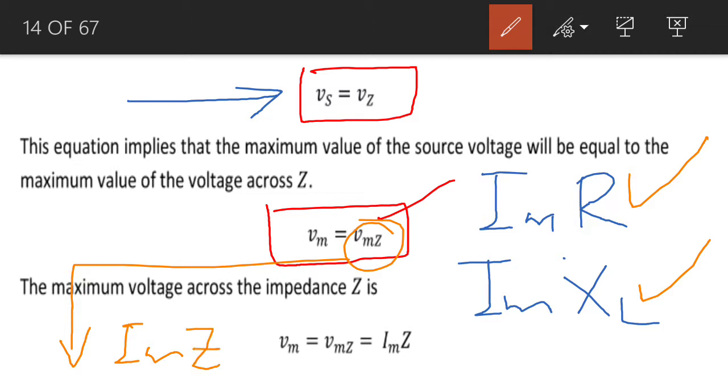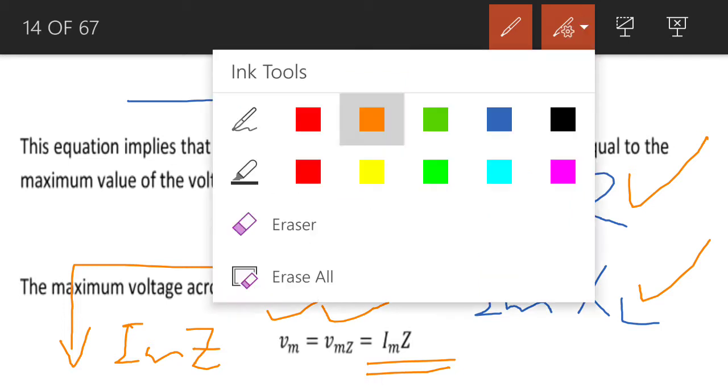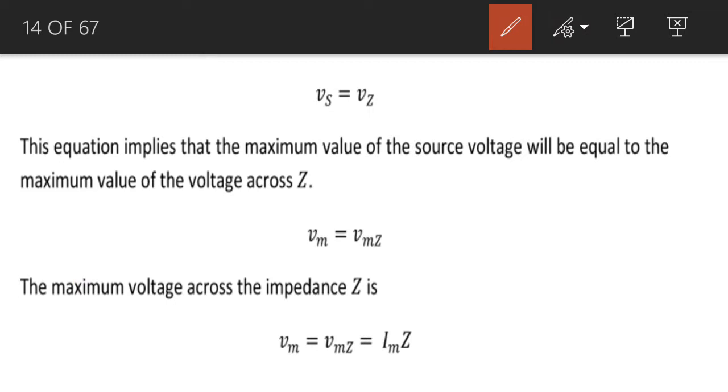So the resistance of this passive circuit element is represented by Z. So the maximum voltage across the source or this passive circuit element will be equal to the maximum value of the current into Z. So this is how we calculate the maximum value of the AC voltage across the source, right?